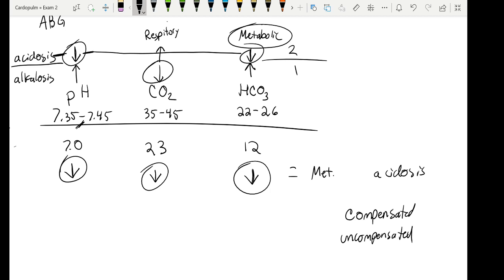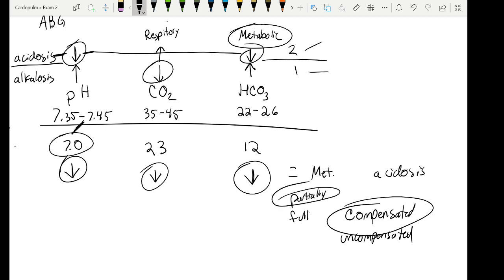Since you've got 2 up here and 1 down here, we know that we're compensated, but are we partially? Are we fully? Since this number is outside of this range here, we know that we are partially compensated metabolic acidosis. And question number 2 is correct.